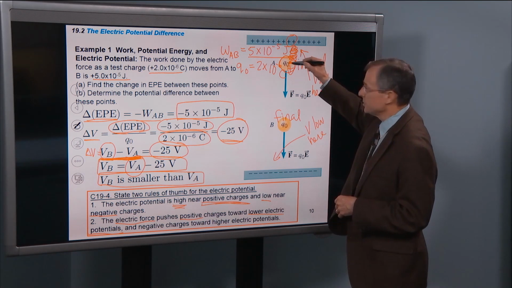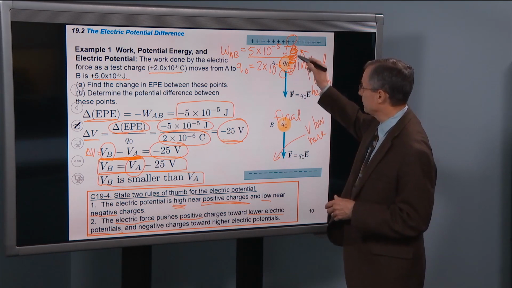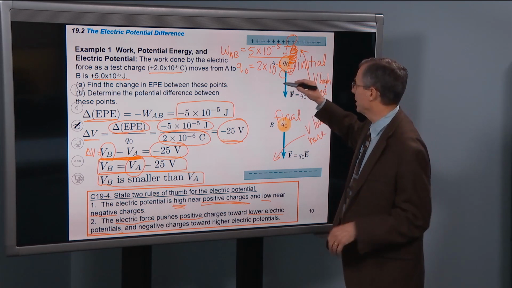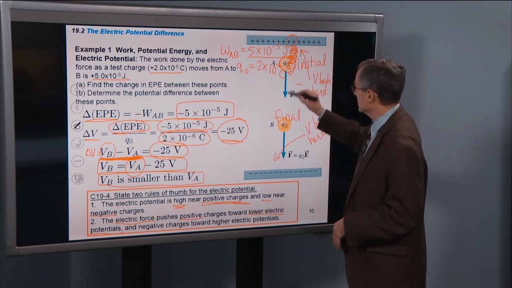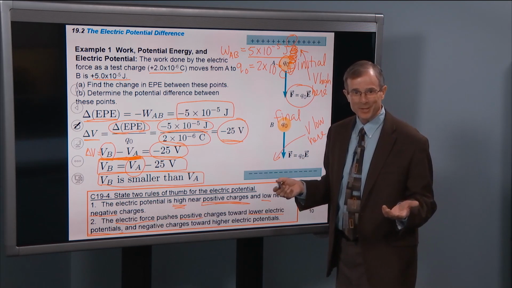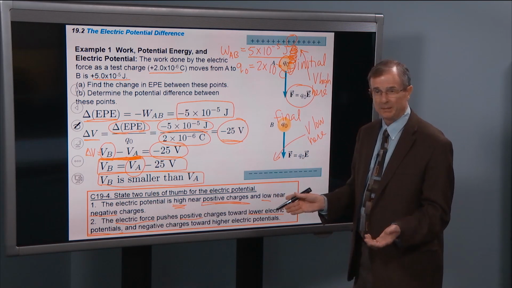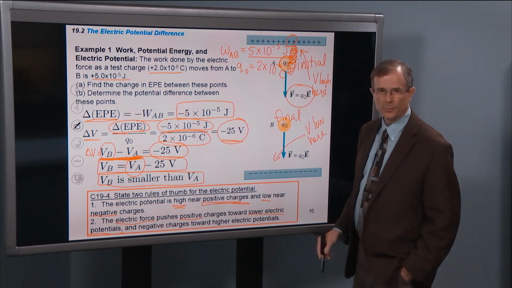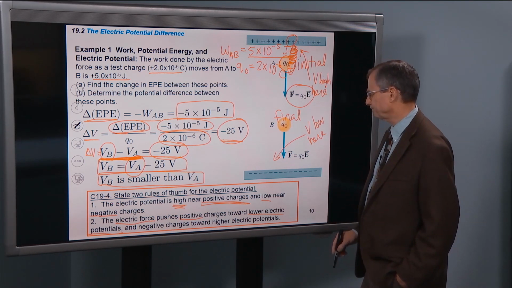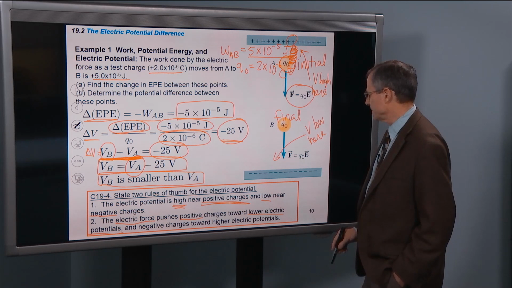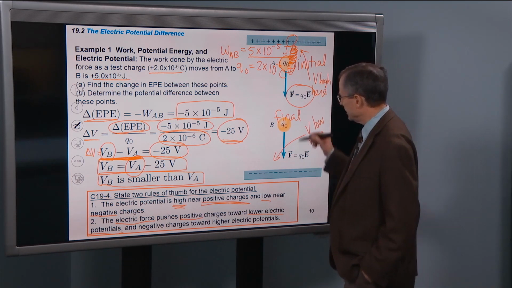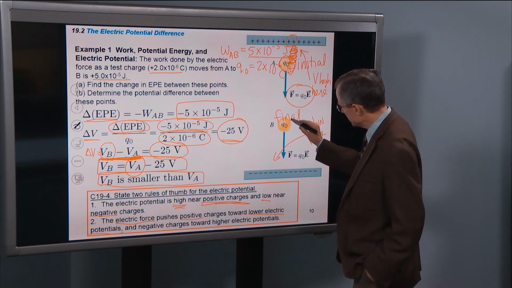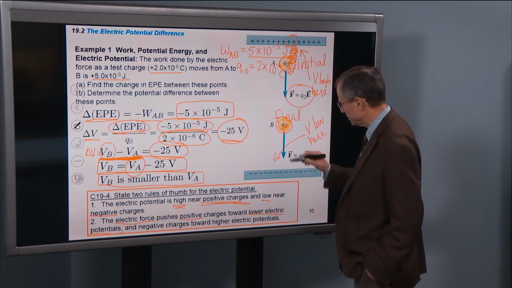We've got this positive charge here. If it's positive, as we've been considering so far, the electric force is going to be away. It's kind of obvious because like charges repel. And so it's going to push that positive charge away from positive charges. So this positive charge of the test particle, if we take a test particle, it's also positively charged.